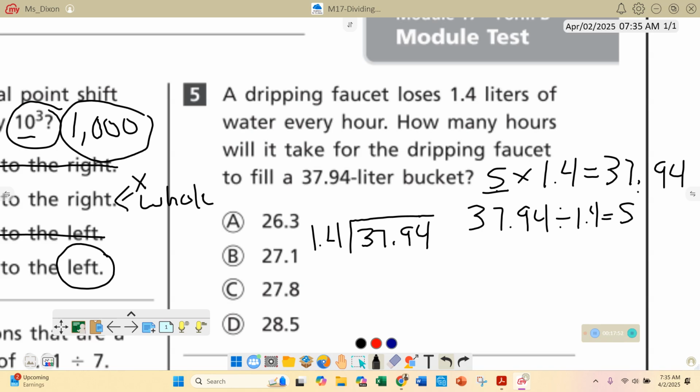First thing you do is what? Check your divisor to see if there is a decimal. There is a decimal, so we have to move that decimal to the end to make it a whole number. However many spaces you moved your decimal in your divisor, move the exact same number of spaces in your dividend.